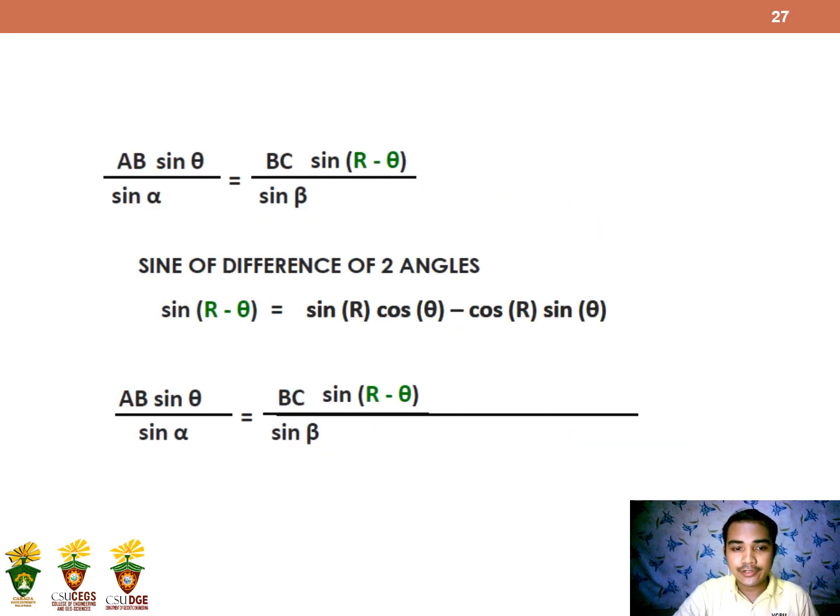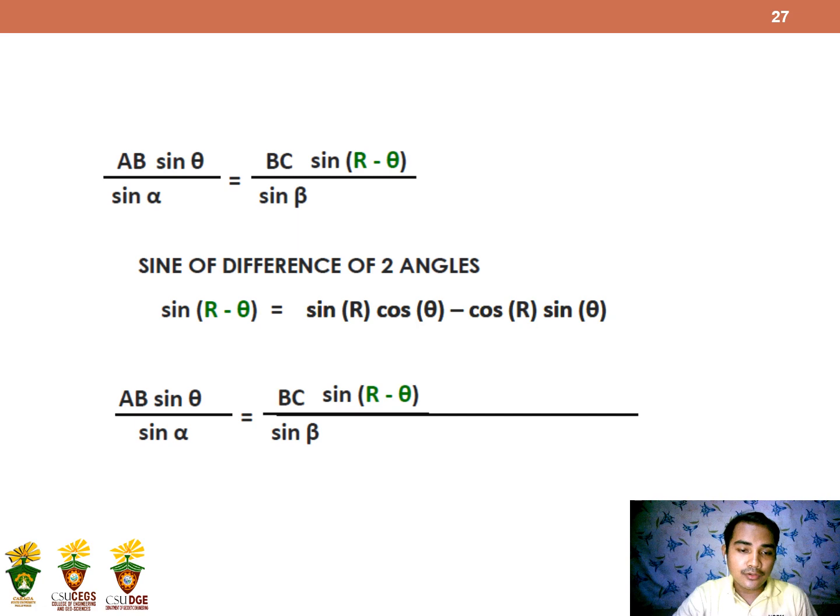Next is we're going to recall the sine of the difference of two angles. Diba? As we remember in our trigonometry, nga pag sine A minus B is may sin cos cos sin, no. Tapos kung unsay sign nga naa sa sulod, kung minus siya, so minus pud ang sign niya.